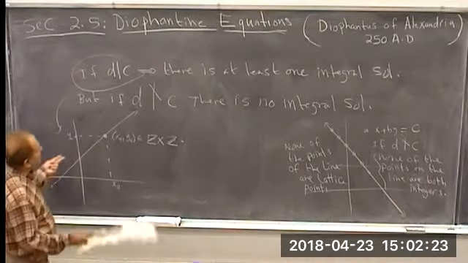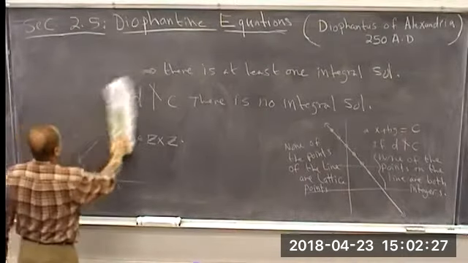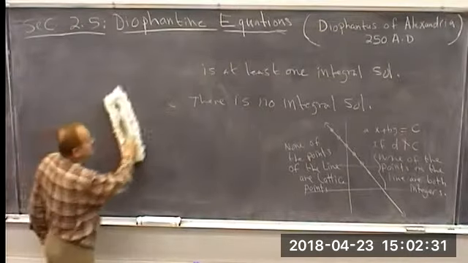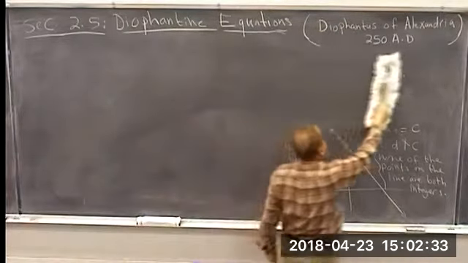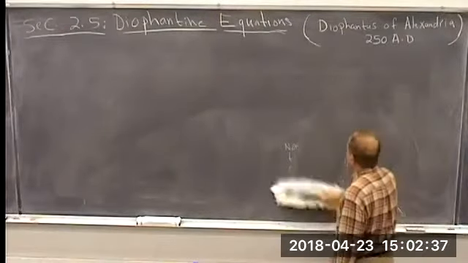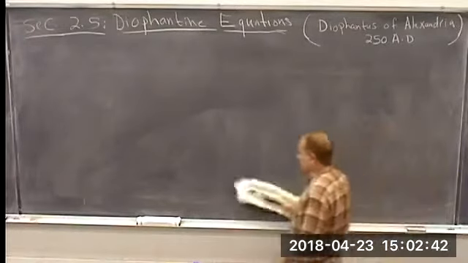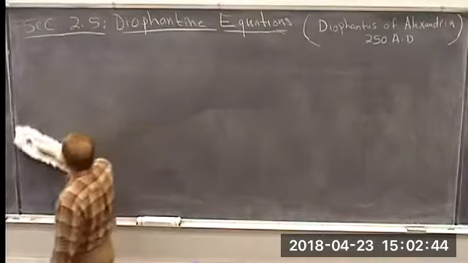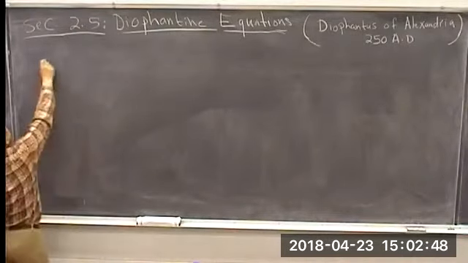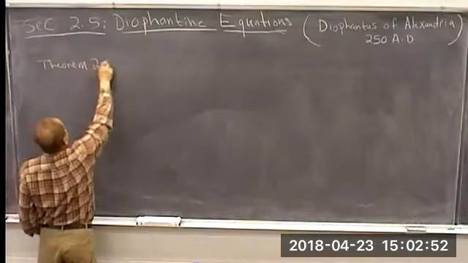And we're going to put this now in the theorem that we proved half of it. Then we're going to go to the other half and give the solution set for those Diophantine equations that have at least one solution or satisfy the D divides C condition. So this is theorem 2.9.